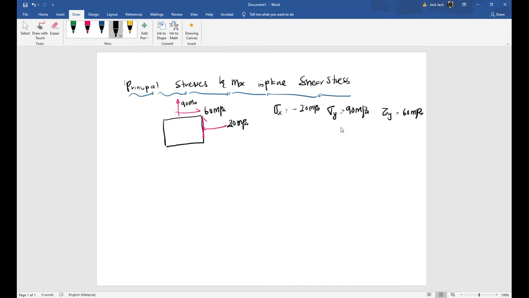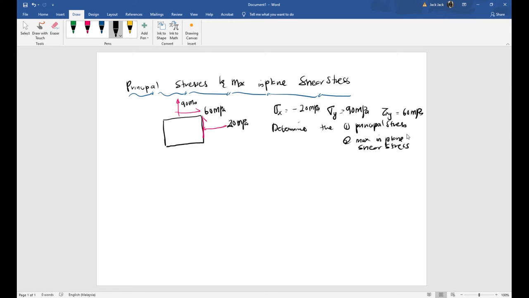The question is to determine, first, the principal stress, and then the maximum in-plane shear stress.